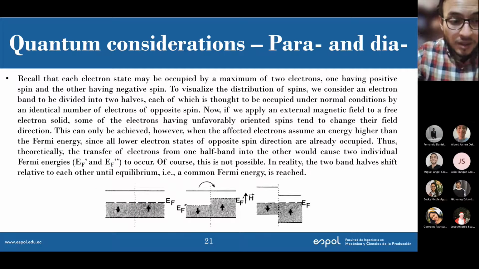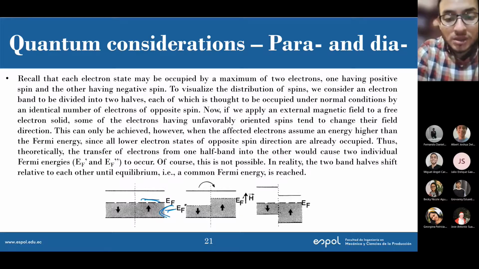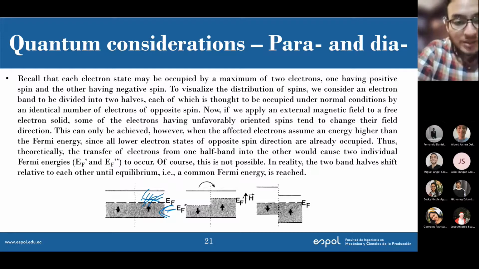But if I'm gonna do that, I have to come here, right? I cannot come here because these electron states are already occupied. So if I wanna come, I have to come here. Therefore, I need an energy that is at least the Fermi energy or higher, right? To be here. And that's what happens here, you see?